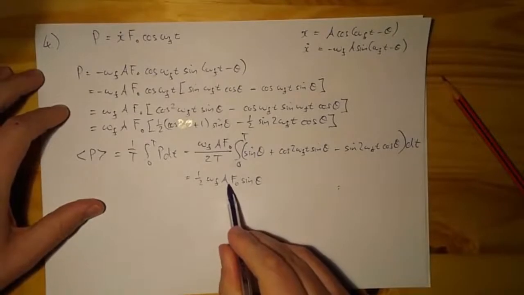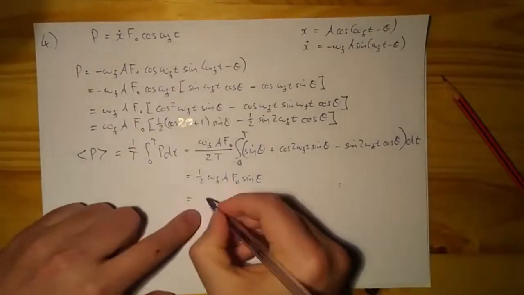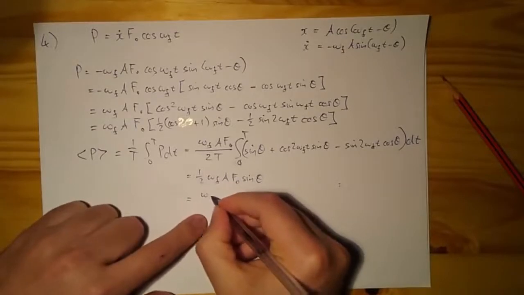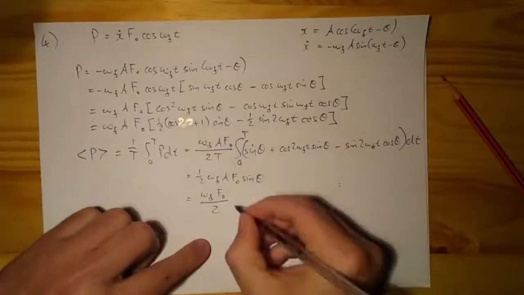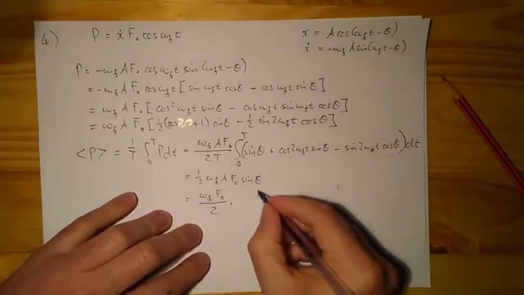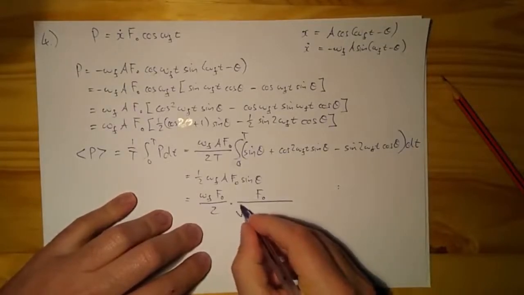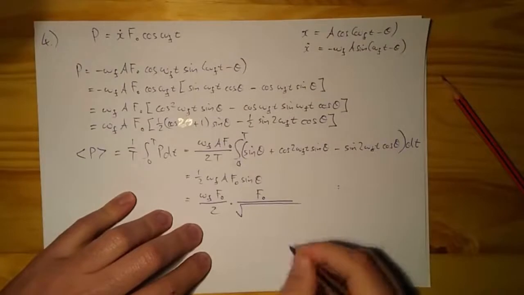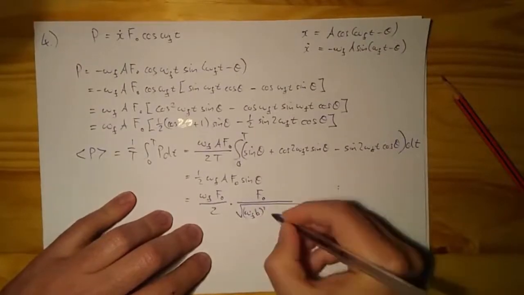And now we have an expression for A, that tremendous large expression, so let's use it. Let's put everything else to the side. So omega f F0 over 2 times A. Okay, so that's that massive expression. So that is F0 over the square root of this entire thing, omega f b squared.